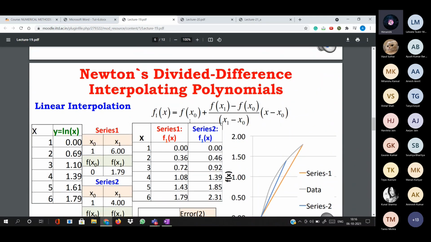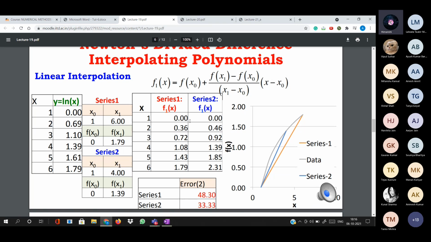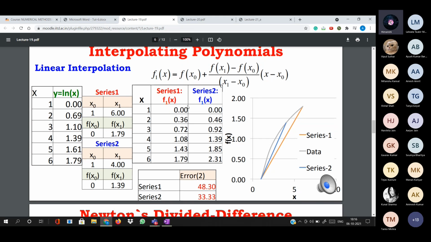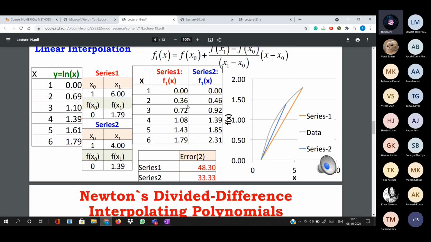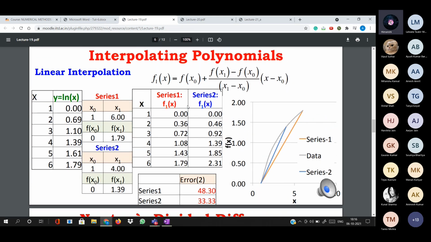How is it different, sir? Here we are connecting the points by a line. Yes, we are connecting them, and the equation of the line is as you have shown. The equation of the line is given by the y and x of two chosen points. Yes.